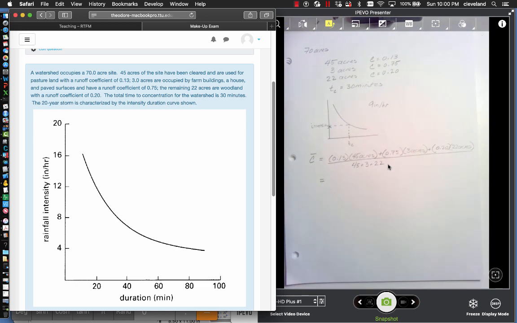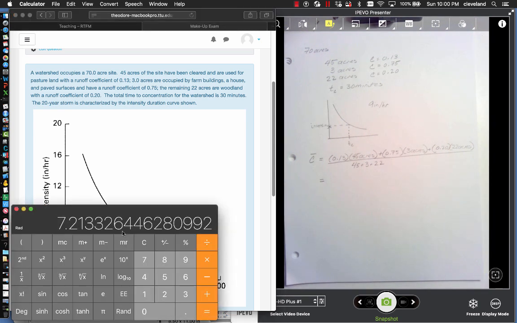Now we'll perform the indicated arithmetic. 0.13 times 45 plus 0.75 times 3 plus 0.2 times 22 equals 12.5.